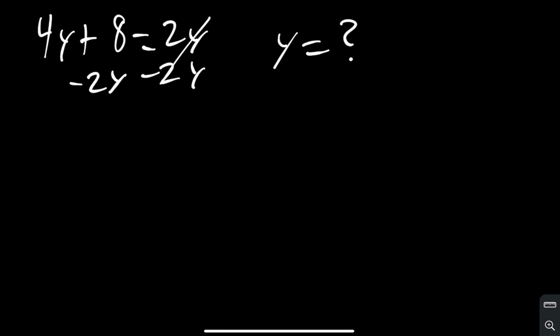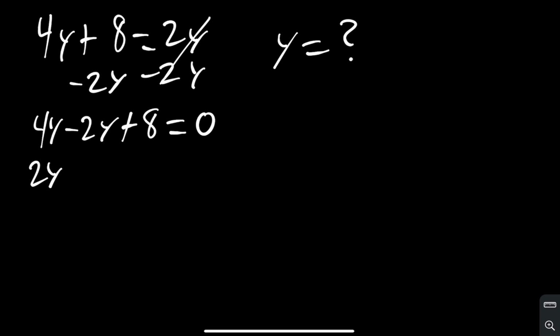Then it's 4y minus 2y plus 8, and remember that the right side is 0. 4y minus 2y is like 4 minus 2, so it's 2, but remember it has a y, so it's 2y. We have plus 8 equals 0.